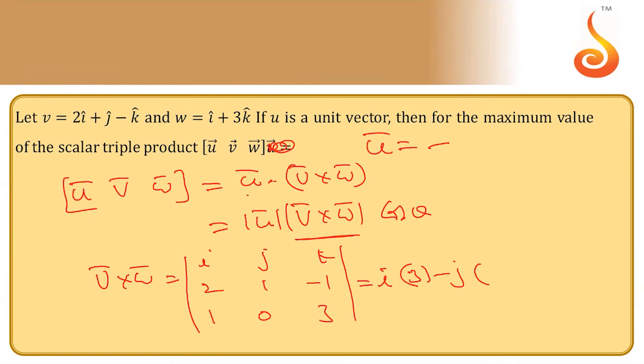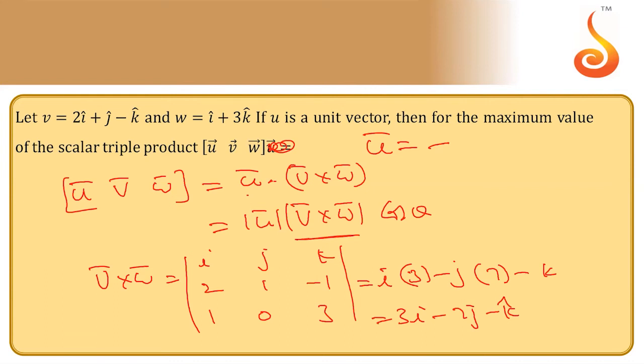I into 1 minus, so this is J into 6 plus 1, 7, minus K. Yes, correct. Very good. This is 2 minus 1 minus K comes. This is 3i minus 7j minus k.